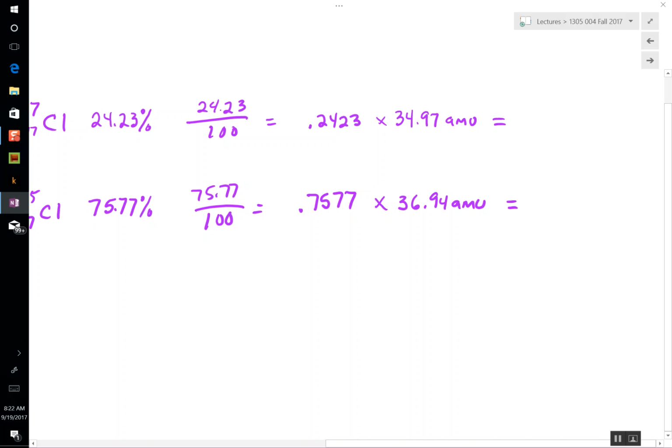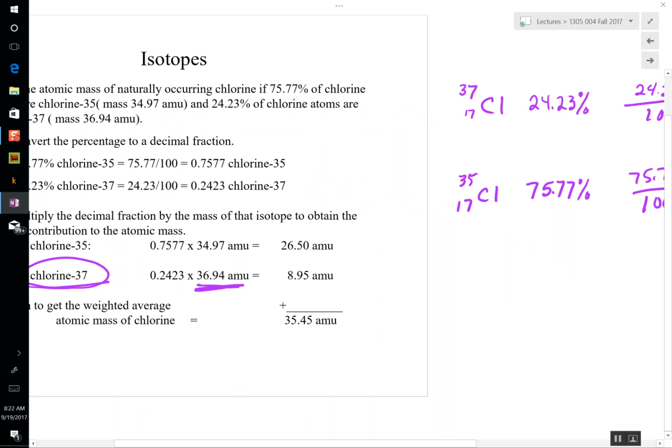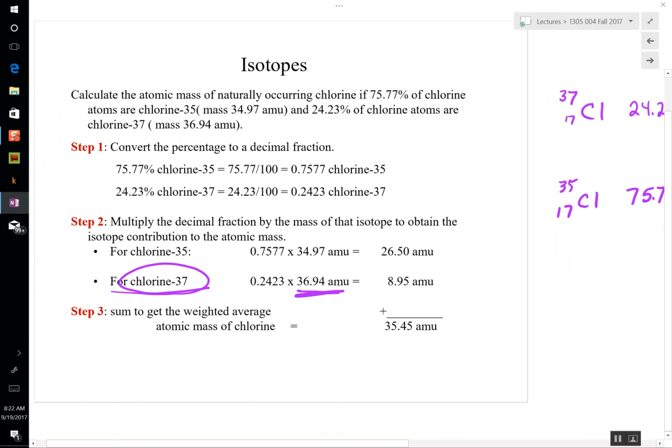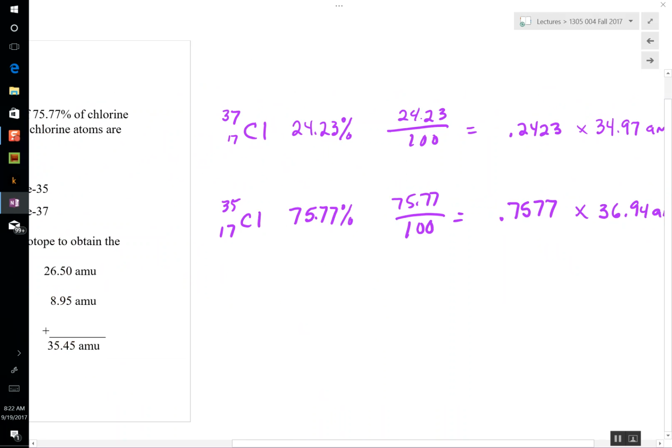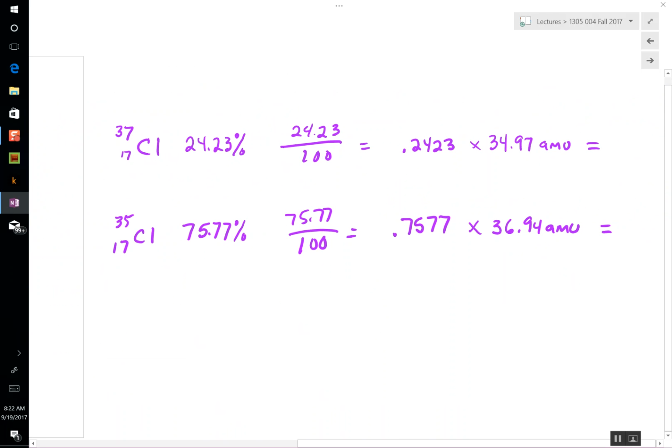Where do you get that? If you go over, you flip the second set of numbers. Here's 35. It's 34.97. You have 35 on the bottom. Thank you, I did flip them. 34.97.